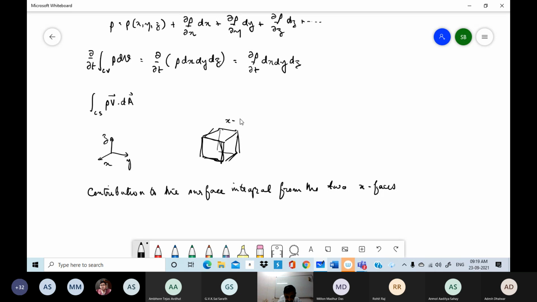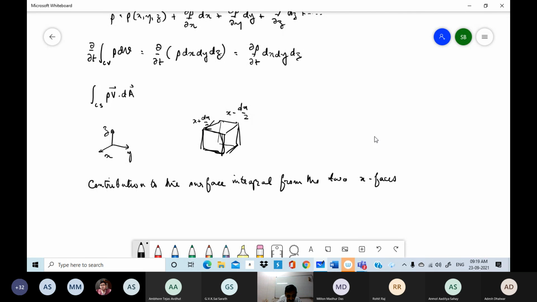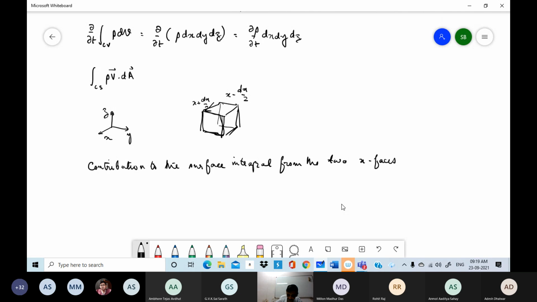Then for the contribution from x plus dx by 2, I have to evaluate v dot dA.